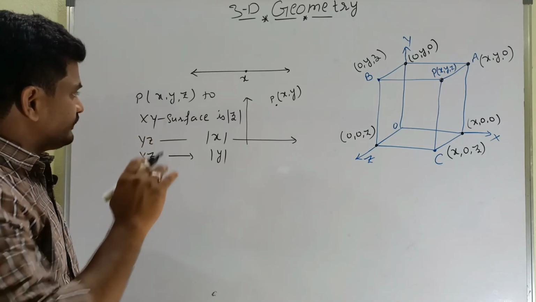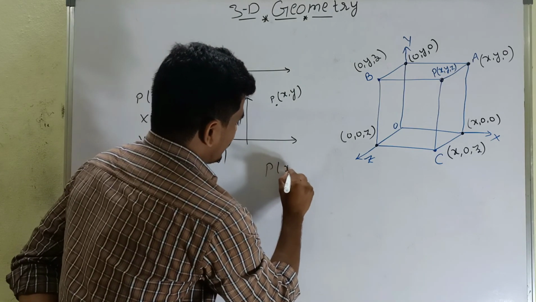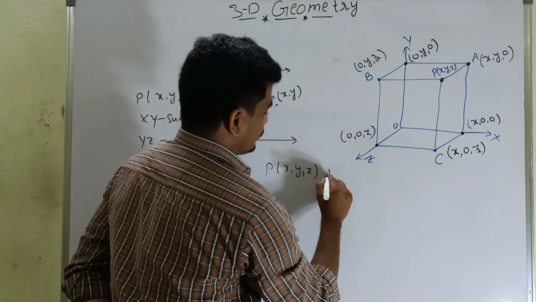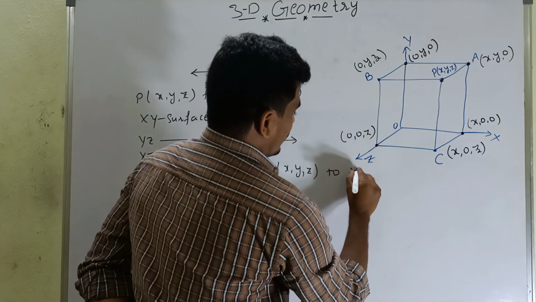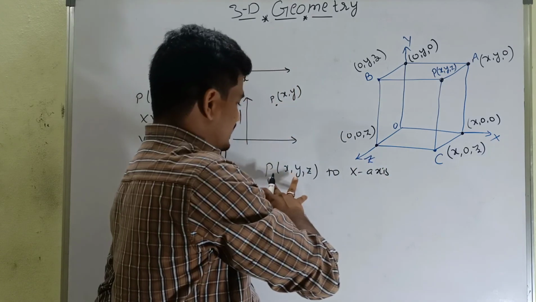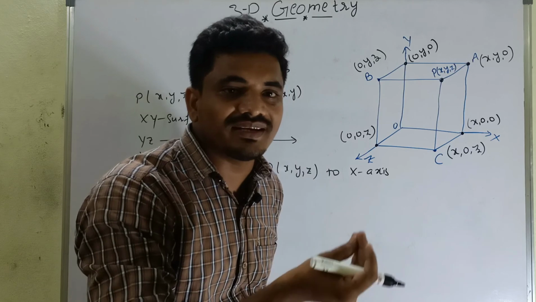Okay. And next, what is the distance from P, x, y, z to the x-axis? Which distance? Perpendicular distance.